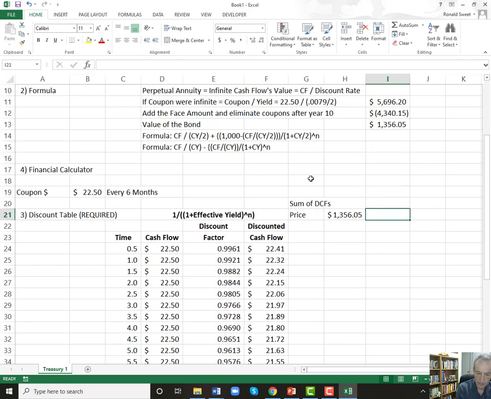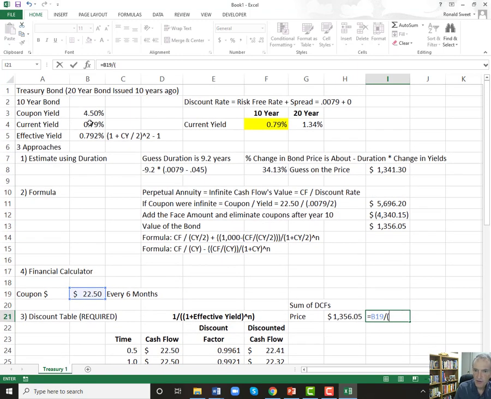Let me show you the formula again all together. So we're going to do equal 22.50 divided by, here in the formula use the current yield, not the effective yield, because that divide by 2 is taking care of that.